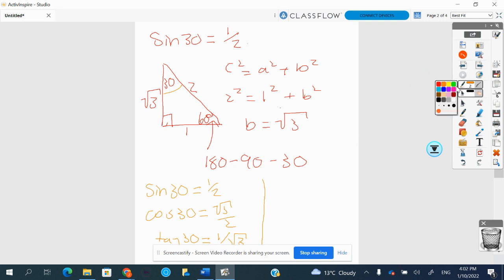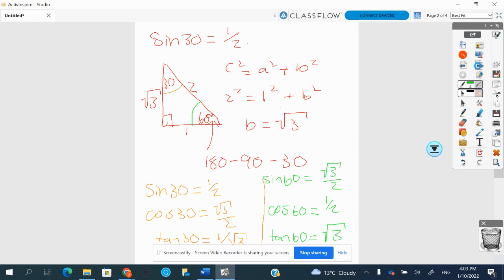Let's now do 60. So sine of 60 is opposite over hypotenuse, so square root of 3 over 2. Cos of 60 is adjacent over hypotenuse, so 1/2. And tan of 60 is opposite over adjacent, which is just the square root of 3.